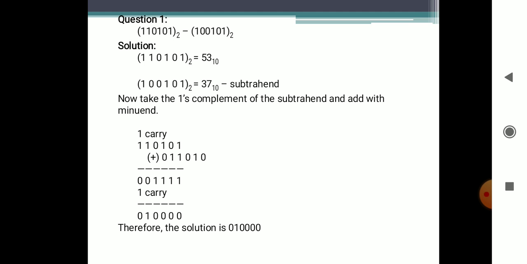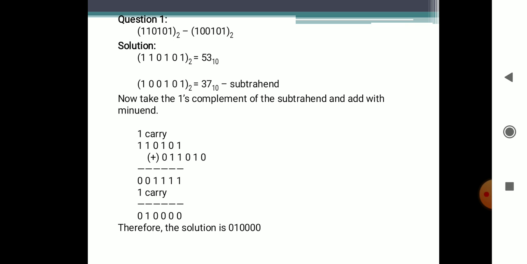So here we have a carryover of 1. And the next step also 1 plus 1 gives 10. So again we write 0 as the result with 1 carryover. Now see, the result of this addition is 001111 with a carryover.